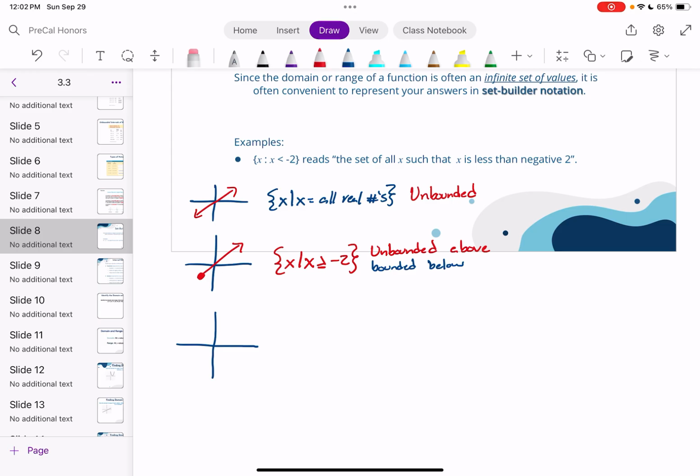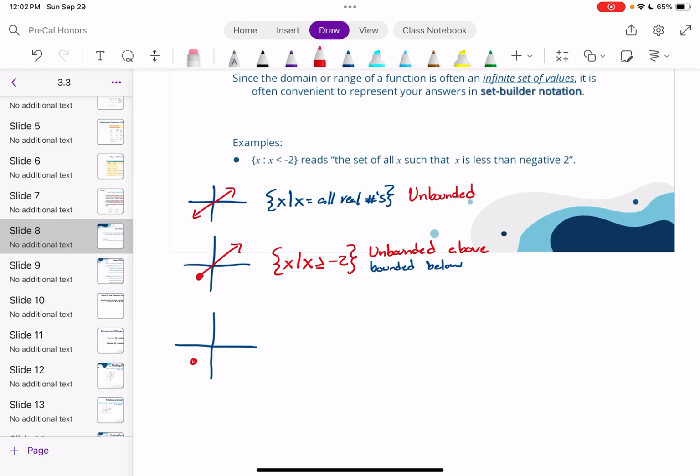Our third graph would be if we started in one place and terminated at another. In this case, the set notation would be x such that. Now we are going to take a look at the values that we have.